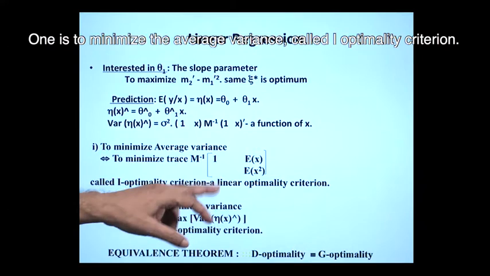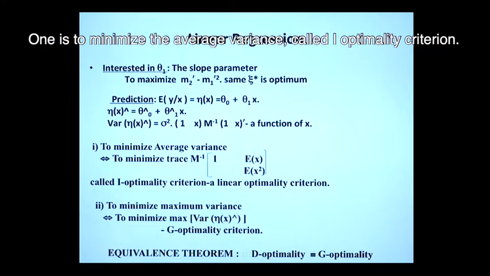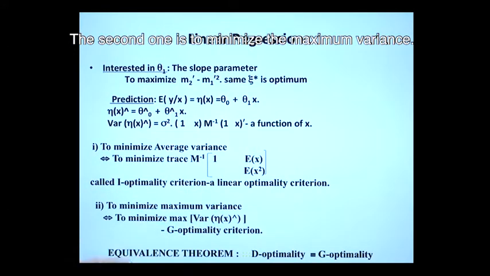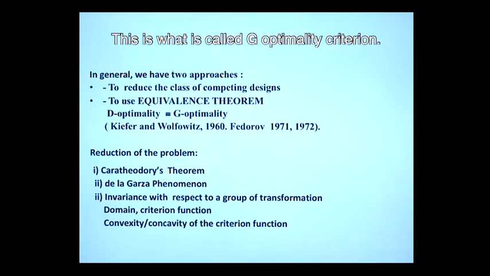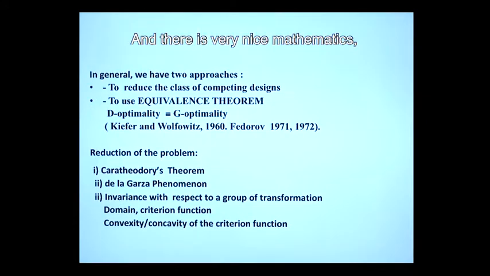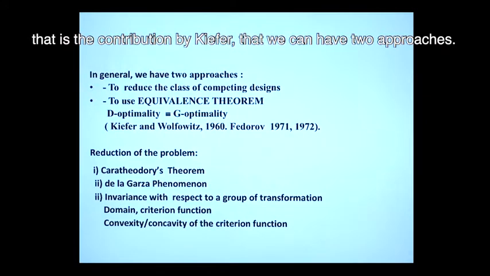One is to minimize the average variance, called I optimality criteria. The second is to minimize the maximum variance, called G optimality criteria. There is very nice mathematics, the contribution by Kiefer, that we can have two approaches.